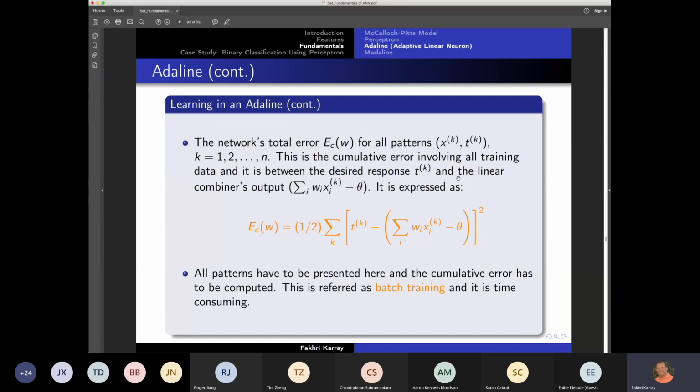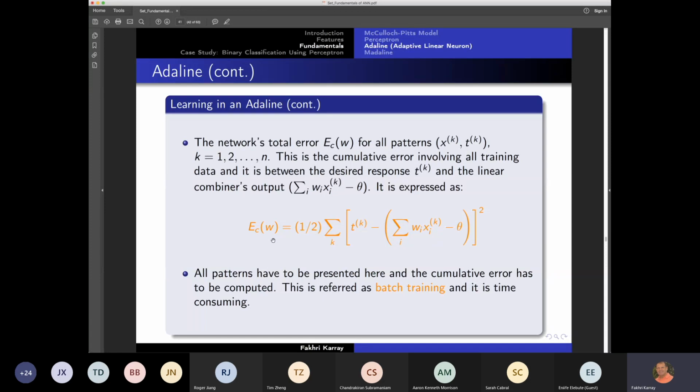But I would like you to remember what batch learning is. Batch learning is the cumulative error for all the patterns injected into this particular function. As you can see, we have the tk, but also we have the summation over all the training data. And this is what is called the cumulative error, E-cumulative.